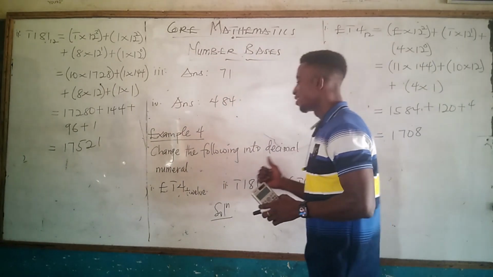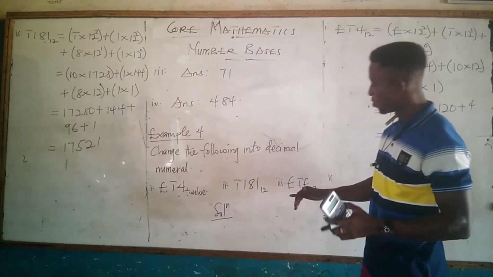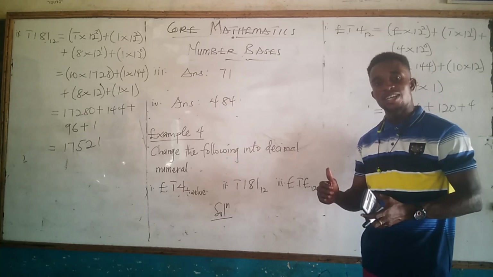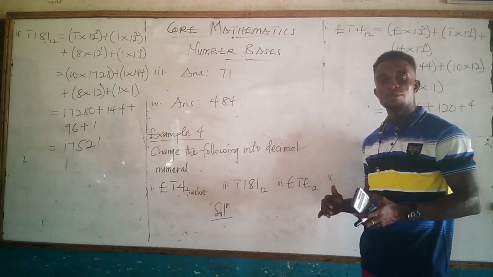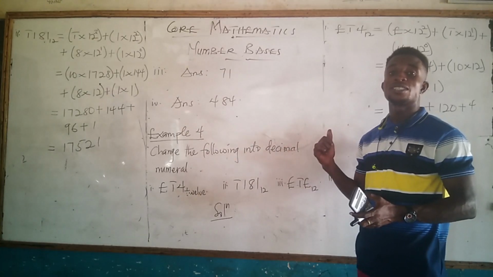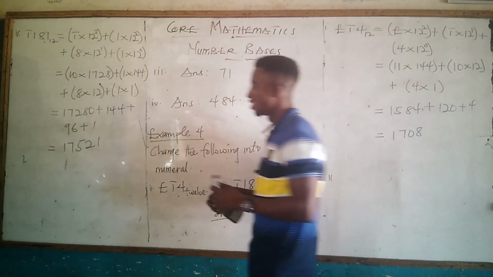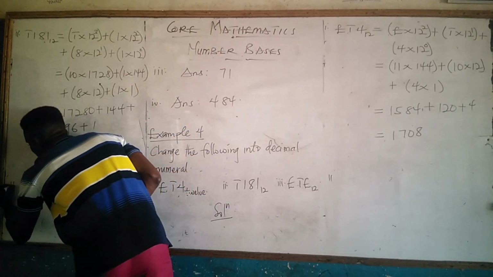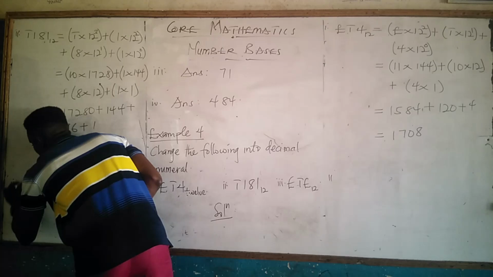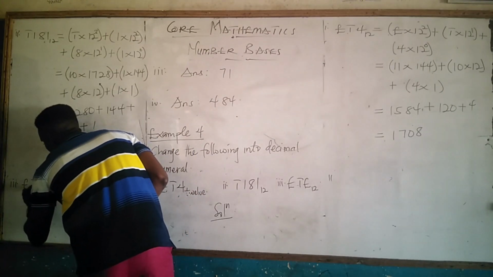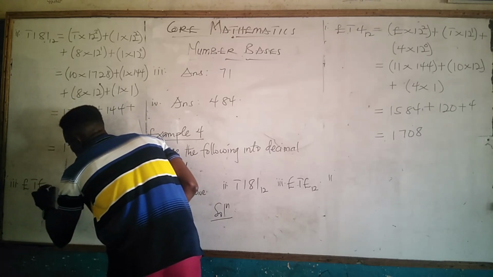The third one, as usual, I will never solve it, but I'm going to put down the answer. Solve it, you get the answer. If you're not able to get it, or you get something different from what I'm going to put, you comment to me. Okay. So that is the Roman number 3, E, T, E base 12.